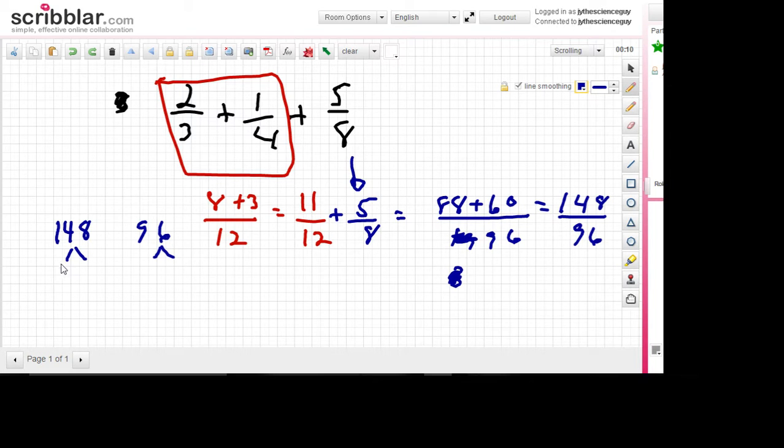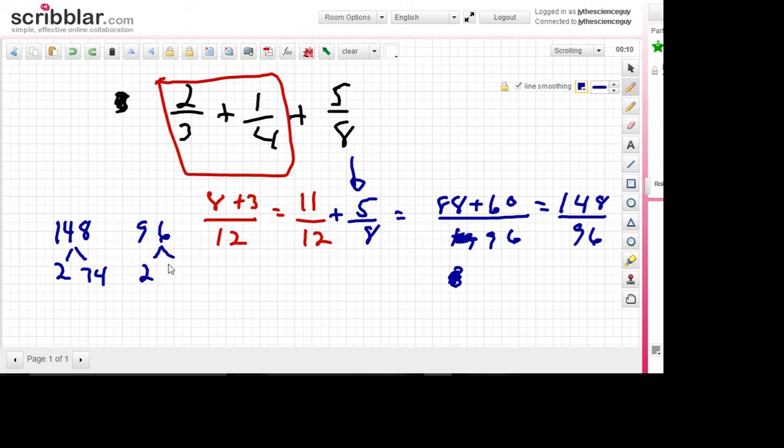Okay, so 2. We'll start with that. What does this change to then? What's 14 divided by 2? 7. What's 8 divided by 2? 4. And what's 9 divided by 2? 4.5.